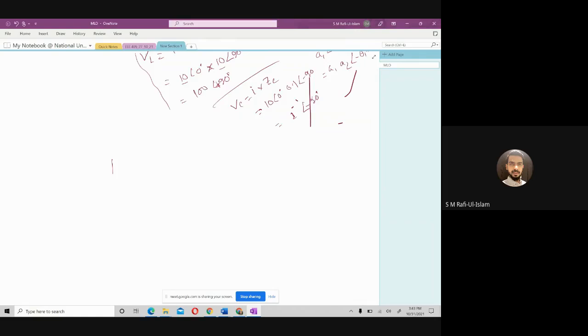Then you'll be really confused about how they got the leading, lagging, or RMS values, or when to use reactance and when to use impedance. So I suggest, clear all your basics here, so you'll have a very good base for the next semester.